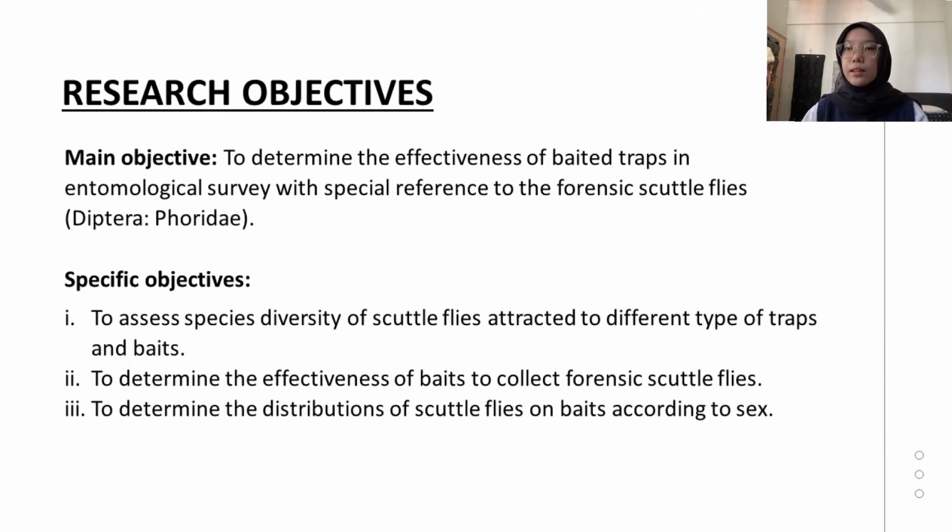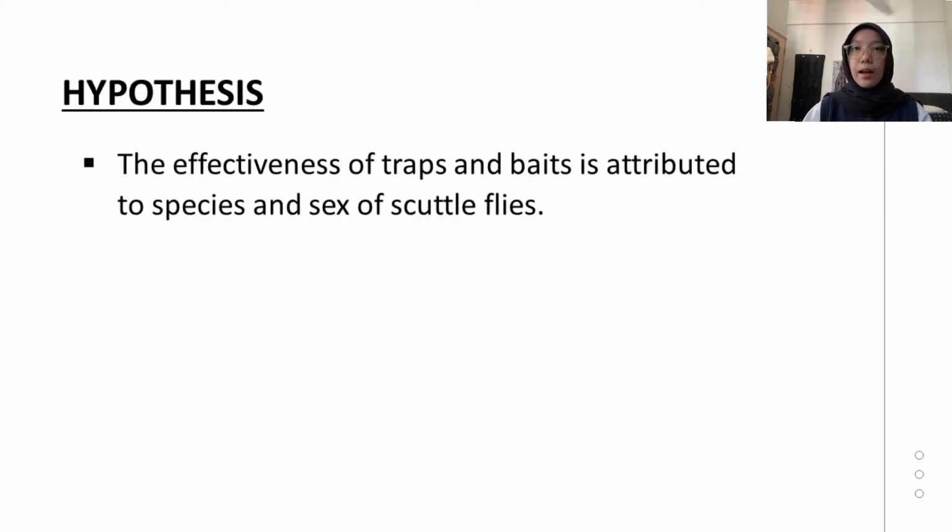And lastly, to determine the distributions of scuttleflies on baits according to sex. Therefore, we hypothesize that the effectiveness of traps and baits is attributed to species and sex of scuttleflies.